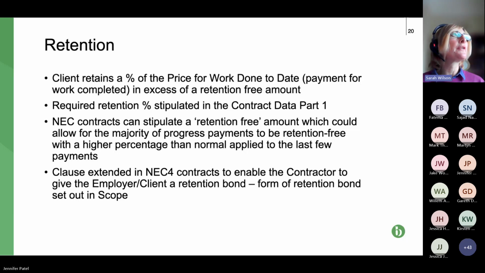The big controversy with regard to retention is that a long time ago, before I was even involved in construction projects, the retention always used to be held by the client in an escrow account, which means it's held in an account for the benefit of the party who it belongs to, so the contractor usually. And the good thing about that was that if the client or employer went into liquidation, that money was safe.